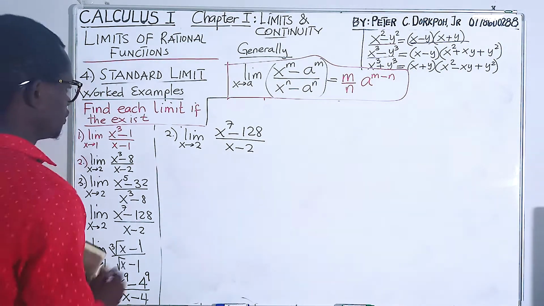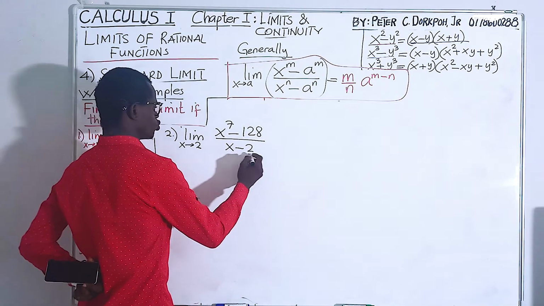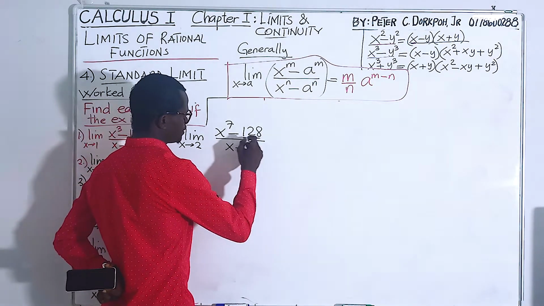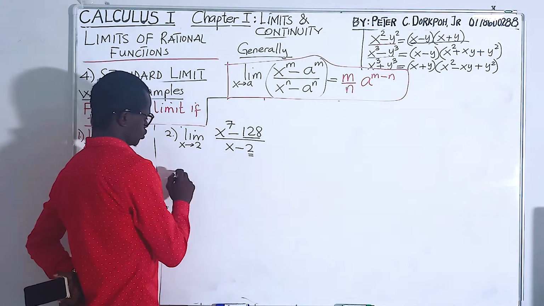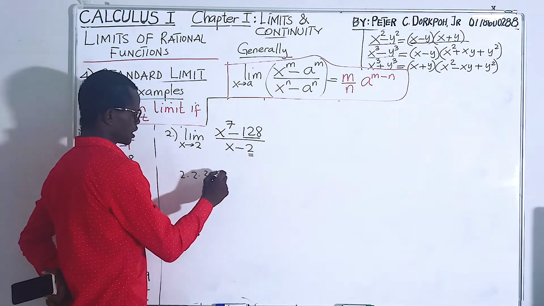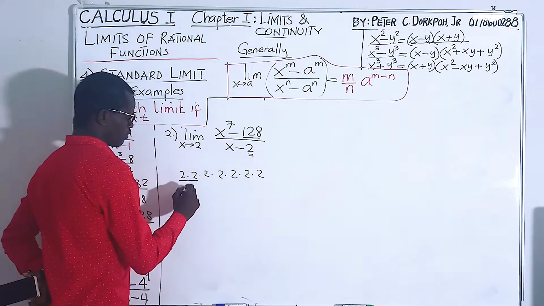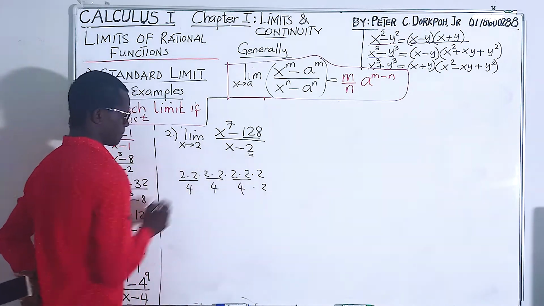So the next one now, we do the same thing. This is already 2 in the denominator. So we think of how we can make this base here to also be 2 raised to this power, which is 7. So 2 times 2 times 2 times 2 times 2 times 2 times 2. So this is now 4, this is 4, this is 4, and this is 2, right?